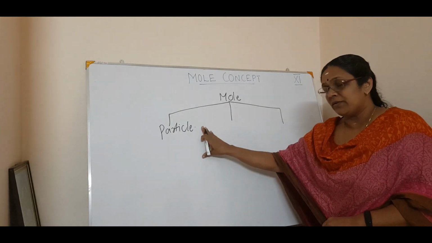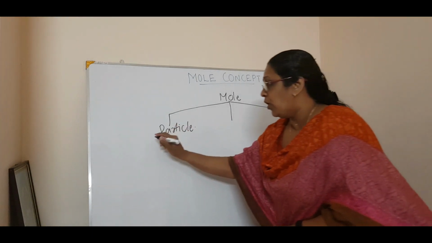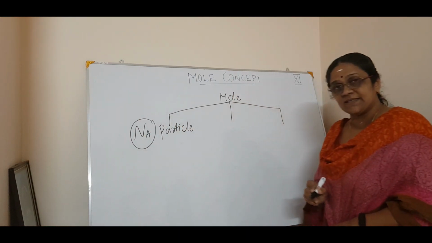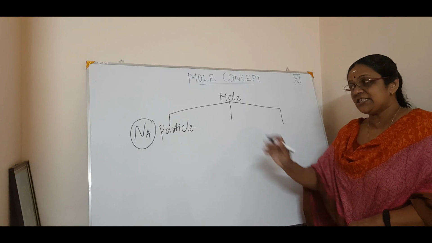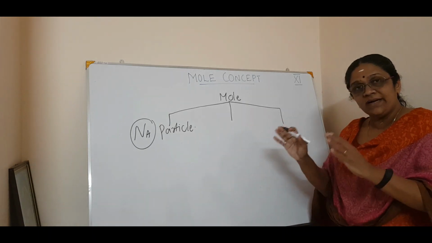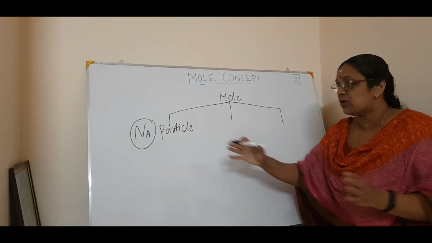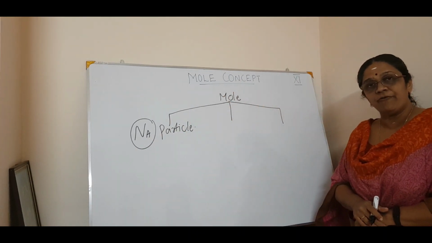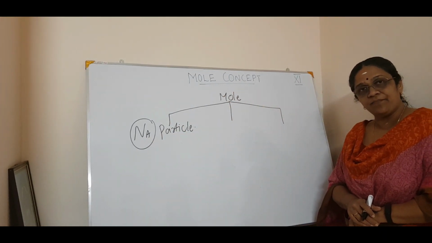What is the value of this? It is Na particles, that is the Avogadro number of particles. That is fixed, like 1 dozen equals 12 number. This is also a fixed number, the Avogadro number of particles.